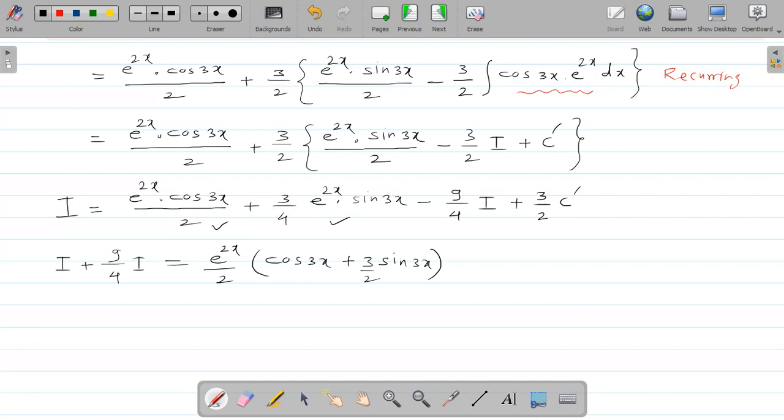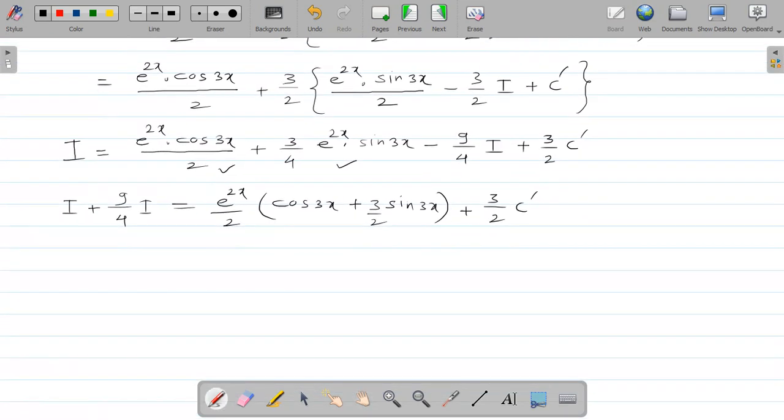Okay, plus this is 3 by 2 into c dash. Now after cross multiplying you will get 4I plus 9I, that is 13I upon 4, is equal to e raised to 2x upon 2 into bracket cos 3x plus 3 by 2 into sin 3x plus 3 by 2 into c dash.